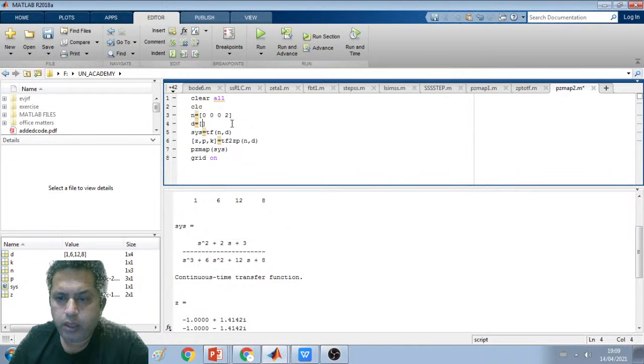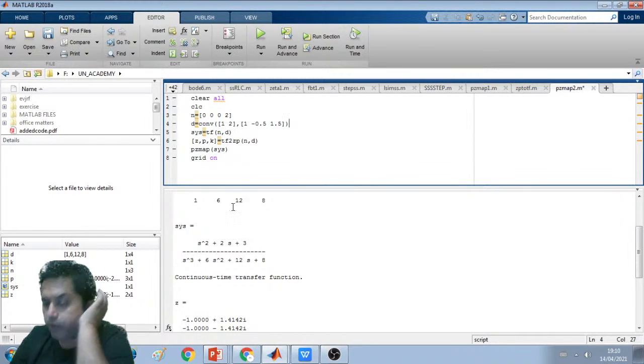The denominator equals the convolution of 1 space 2, comma, 1 space minus 0.5 space 1.5. So in this way you can write down.